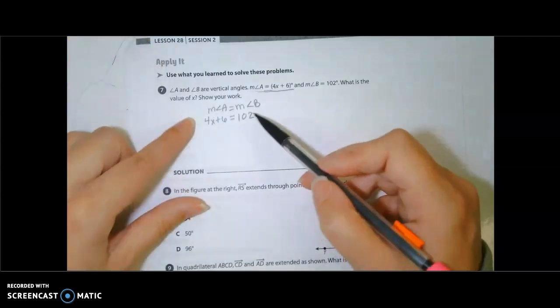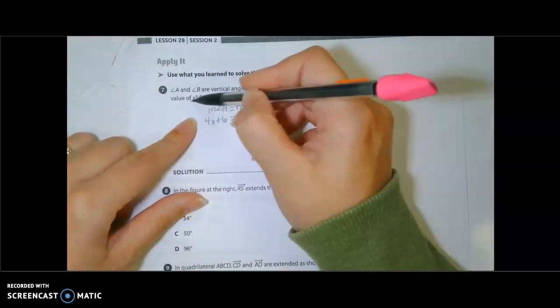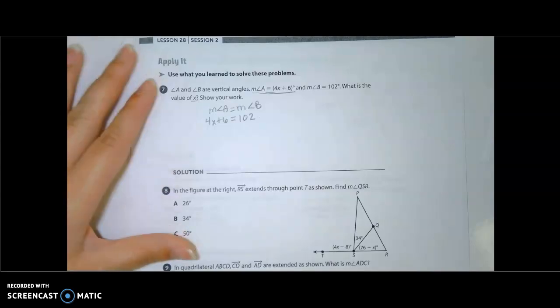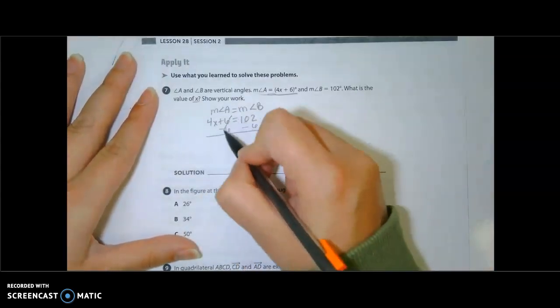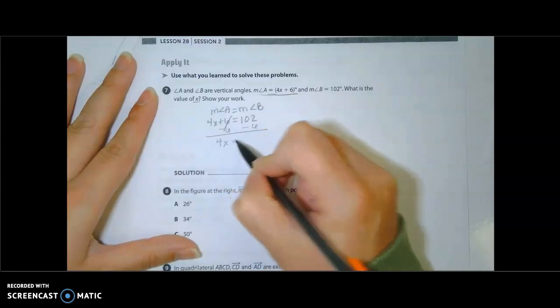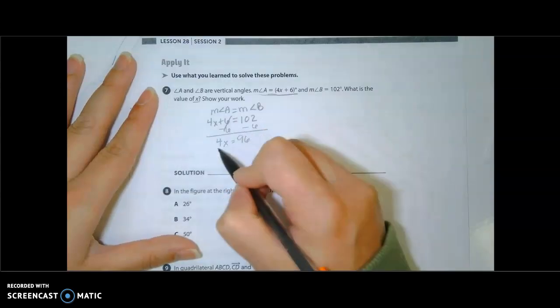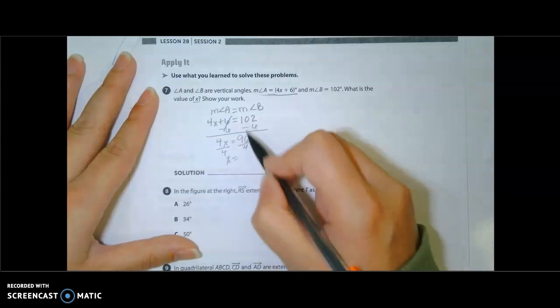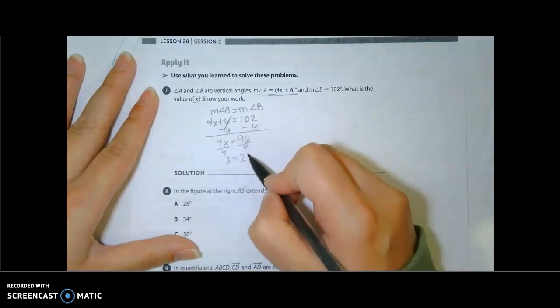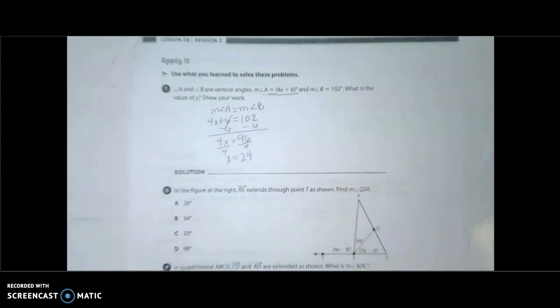From here, I've created my equation. I am looking for x, so now I just need to solve for x. I'm going to subtract 6 on both sides. So 4x equals 96. Divide by 4, and x will equal 24.